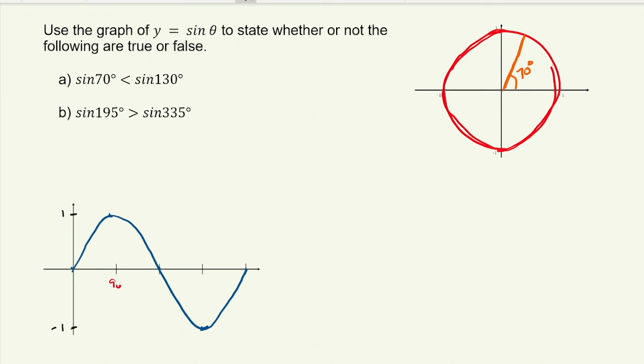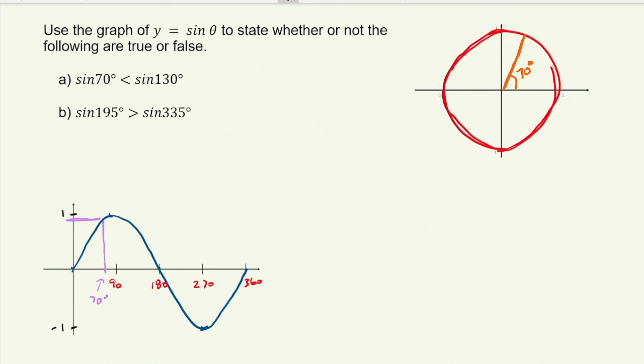This is 90. This is 180. 270 and 360. Alright, 70 is going to be, what about here-ish? I reckon 70 is going to be about here. I'm going to put up there. Alright, there's 70 degrees. And its height's around about here.